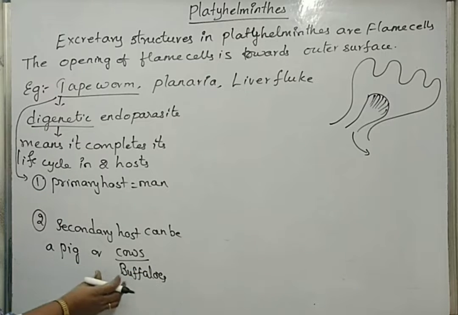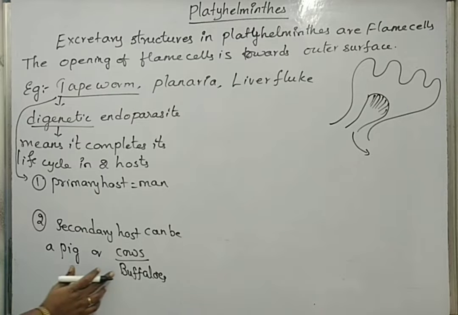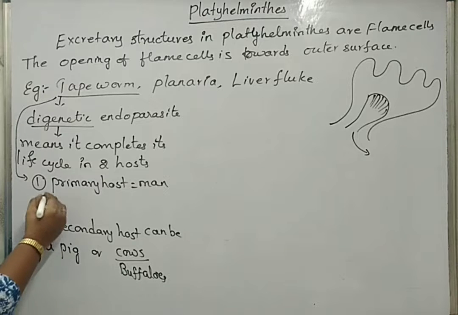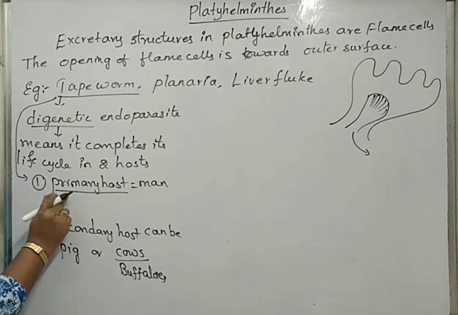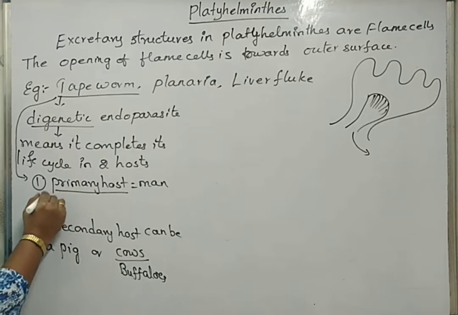There are some species types. In pig, the tapeworm is called Taenia solium. In cows, it is called Taenia saginata. What is meant by primary host? The primary host is the organism which helps the parasite for sexual reproduction.